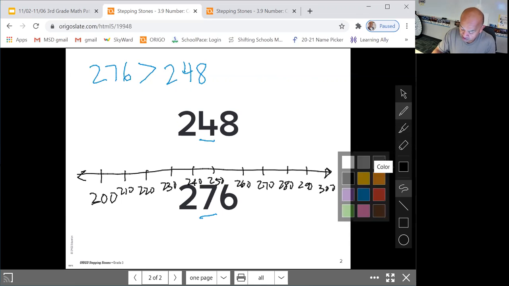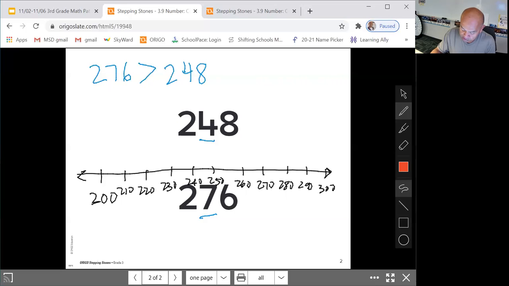Now let's see where we would put these other numbers. Let's place 248 first: 210, 220, 230, 240, 248. It's super close to 250, so I'm going to put my marker right there for 248.